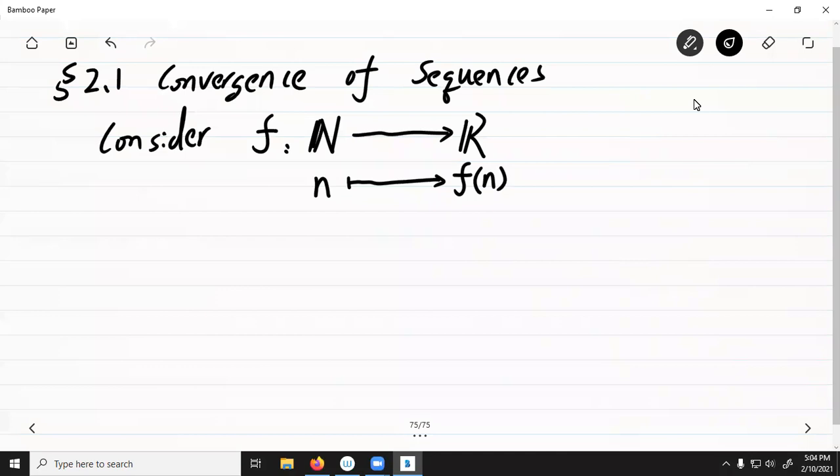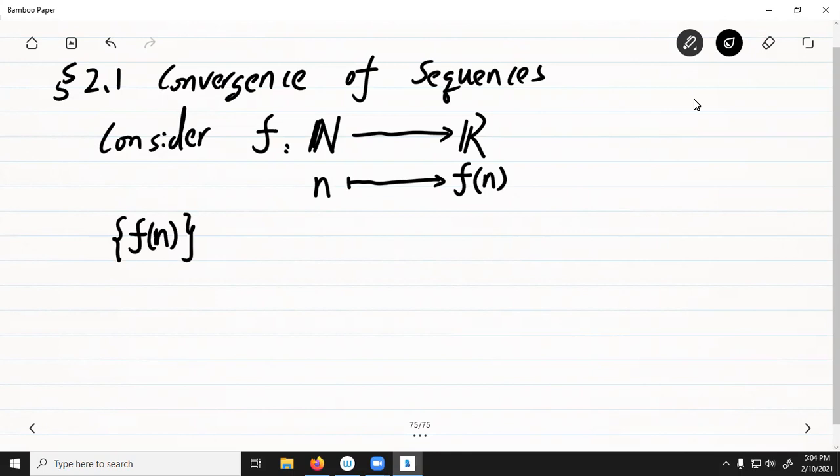Then for the natural number n from 1, 2, 3, 4, 5, 6, 7, 8, 9, and continue, you have f of 1, f of 2, f of 3, and so on. So you form a list of numbers. We denote this list of numbers using the braces of f of n, where n is from 1, 2, 3, 4, 5, 6, and so on, all natural numbers.